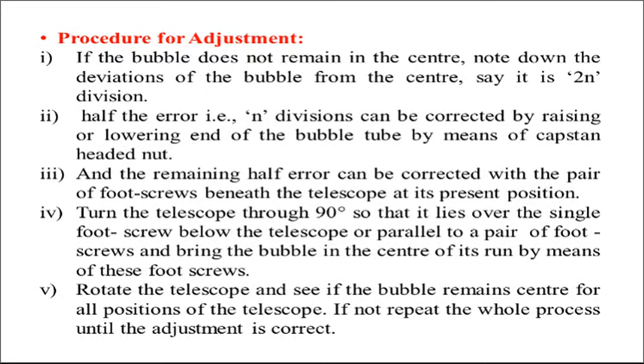If not, repeat the whole process until the adjustment is correct. In this way, whatever the number of divisions the bubble deviates from its center position, we have to bring it to the center and repeat the process until the bubble remains in the center.